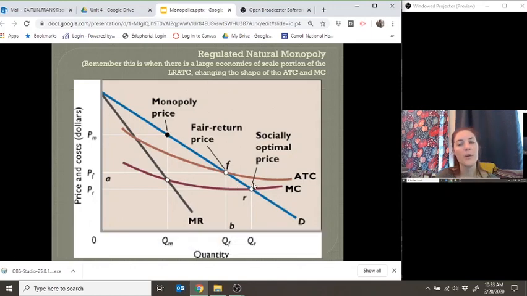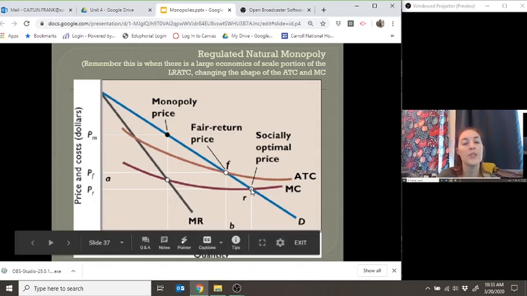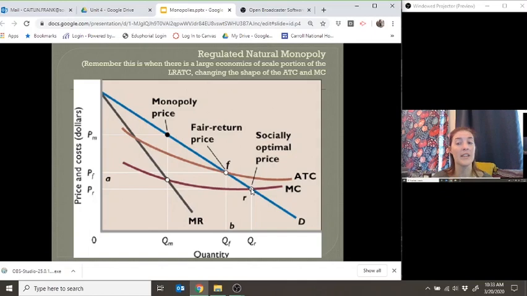The problem, though, is if they charge the socially optimal price, we notice this socially optimal price right here is below the minimum of the ATC. So this monopolist, if they're charging the best price for society, is going to be making a loss, and if that continues and continues, won't be staying in business.